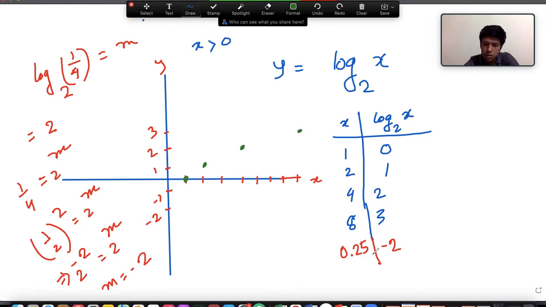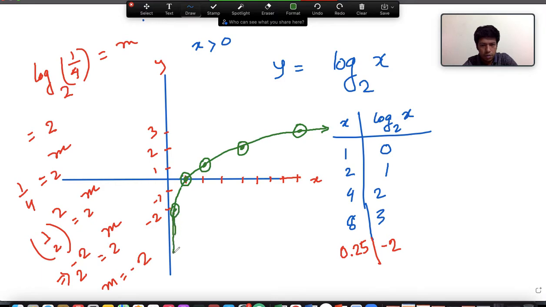Then for 0.25 it is -2. For 0.25 is somewhere here. It is -2. So these are our points. Okay. Now we can just join it to get our final graph.